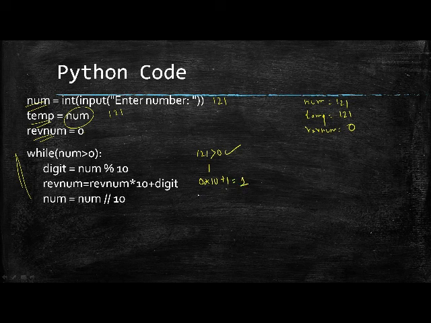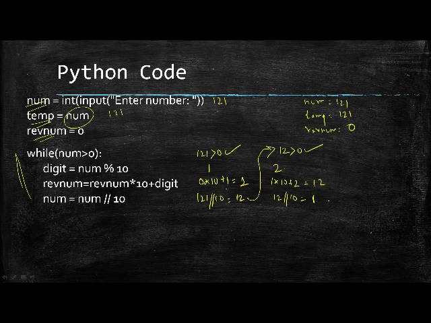Then num is updated as 121 floor division 10, which is 12. This 12 will be checked in the looping condition next time. 12 is greater than 0, yes, it's true. This time the digit is 2, because 12 mod 10 is 2. Then the reverse number becomes 1 into 10 plus 2, which is 12. And 12 floor division 10, the number becomes 1 now.